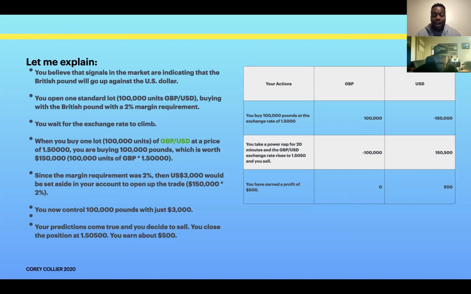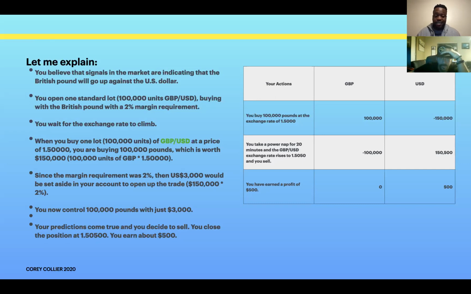Since the margin requirement is 2%, 2% of that $150,000 is $3,000. That's the margin that the broker would pull from your account balance in order to open up that trade. So now you control 100,000 pounds with just $3,000.